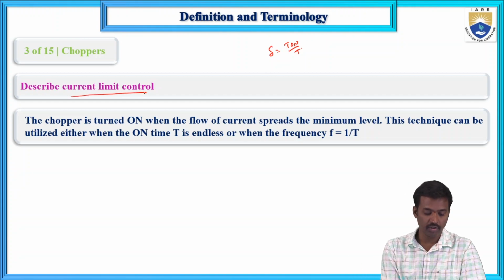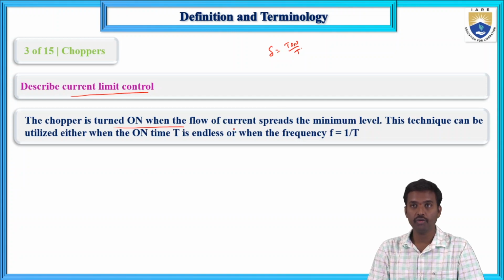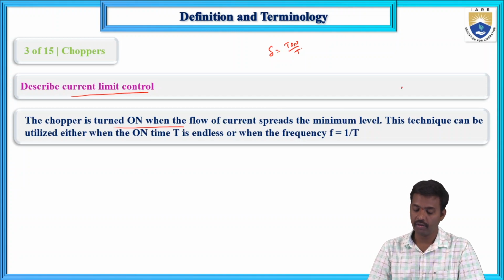First, current limit control means the thyristor is turned on when the current falls to the minimum level. This is the output current or load current.